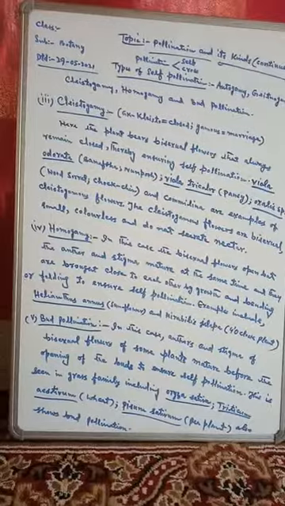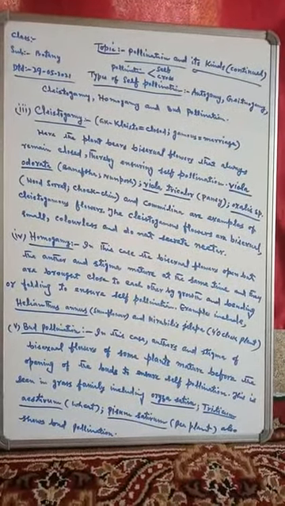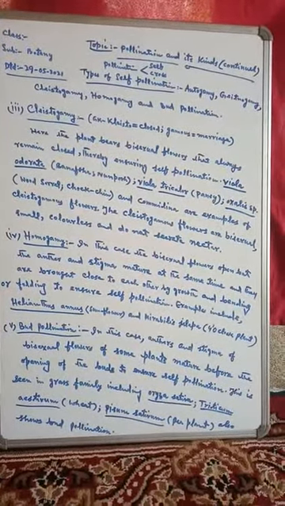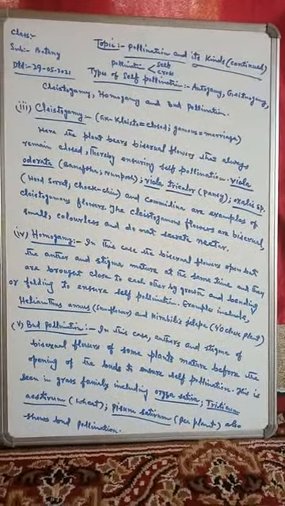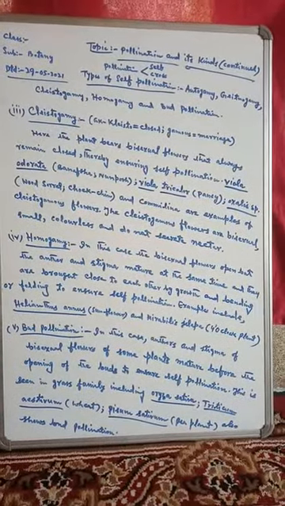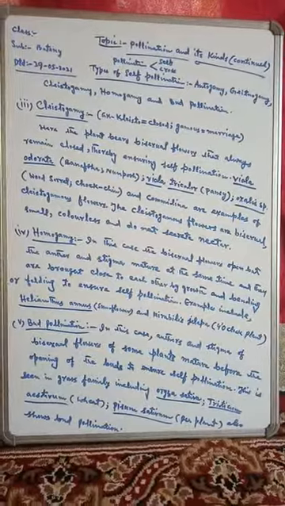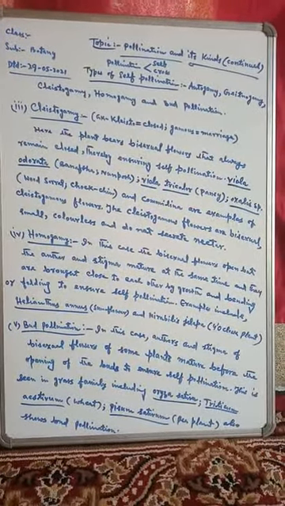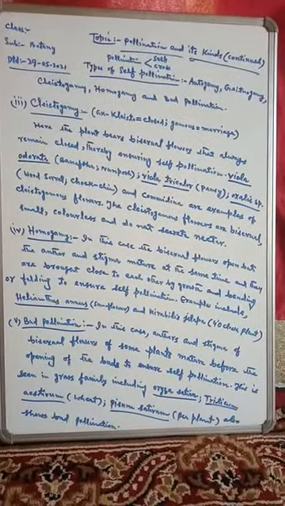So with this we have completed pollination, its first main type, self-pollination, and the different types of self-pollination. After this we will move towards the advantages and disadvantages of self-pollination, and after that we will move towards one more main type of pollination, that is cross-pollination.